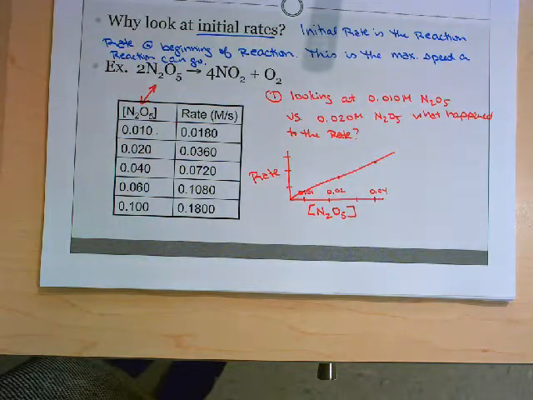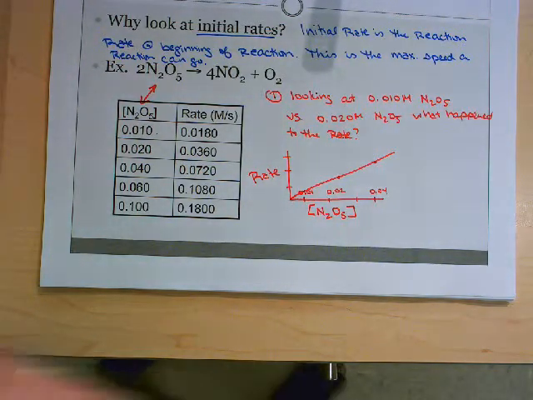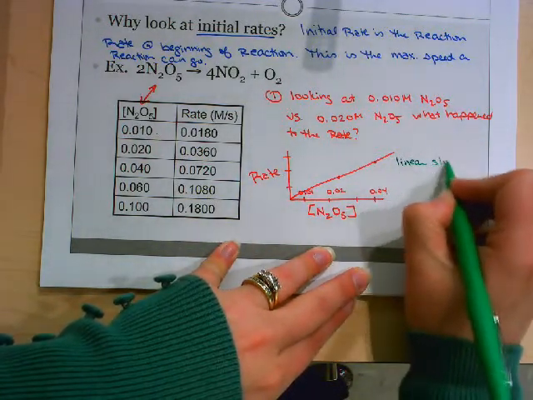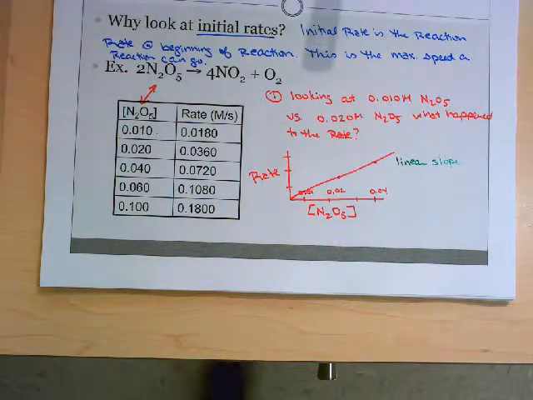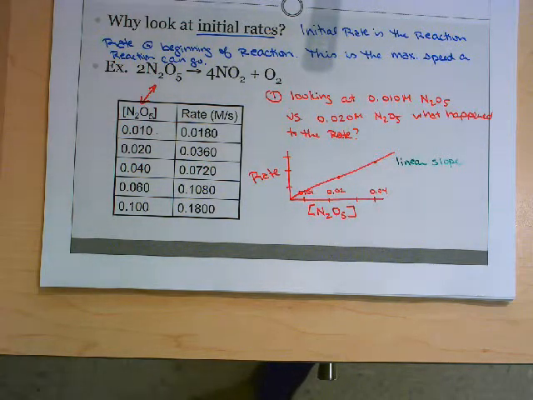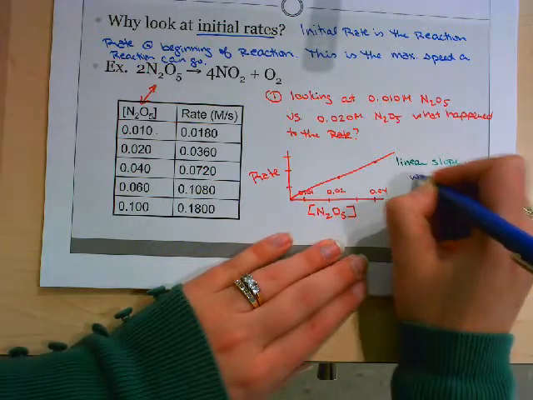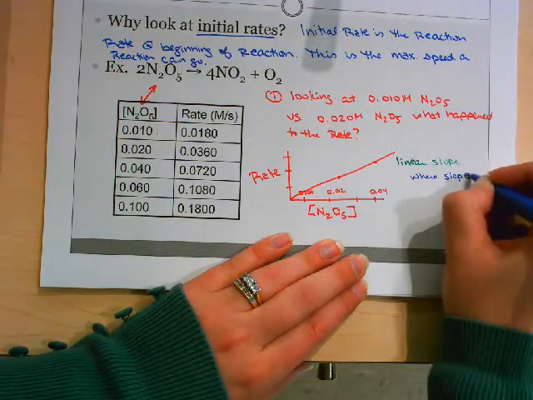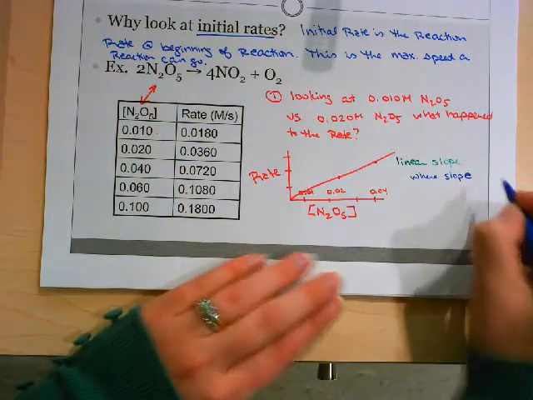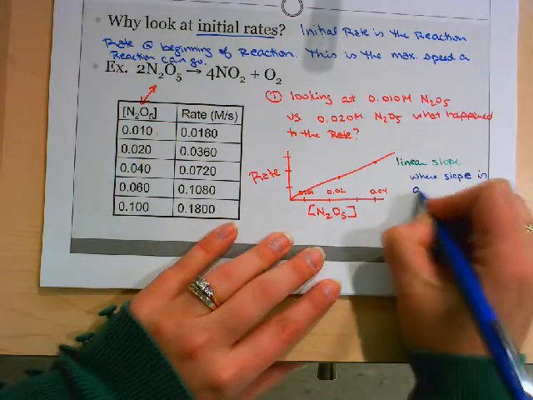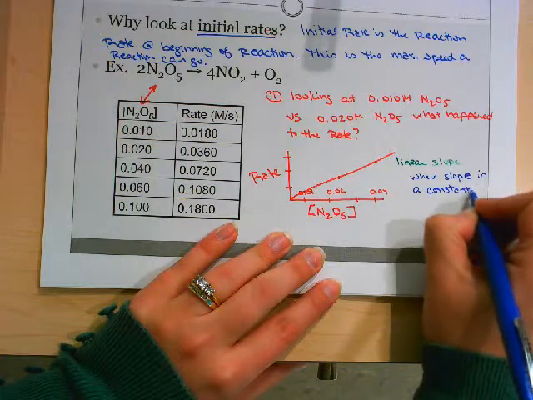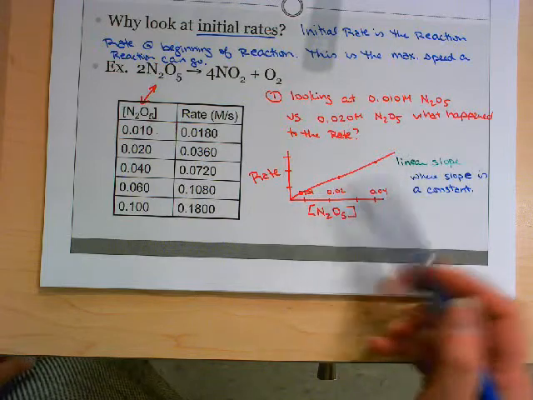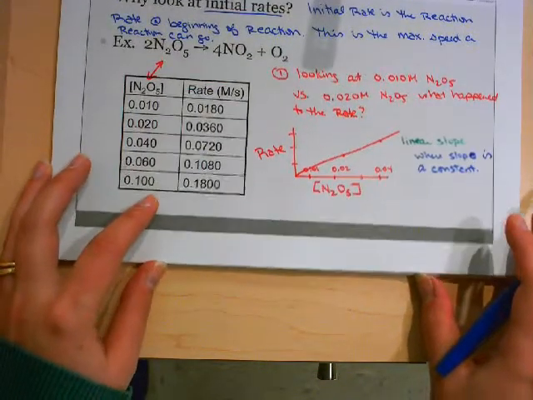Nice, straight, upward trending line. Nothing crazy, just a linear slope. Right, slope's going to be a constant. It's not exponential, it's nothing crazy, right? Straight up and down. Alright, let's figure out what that constant is.